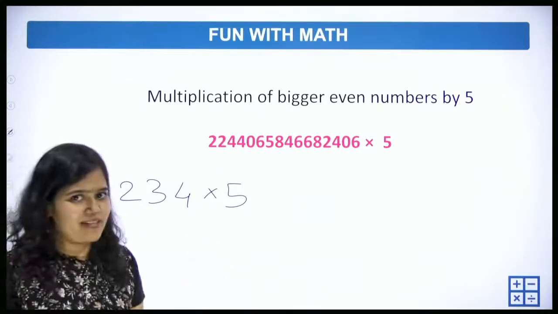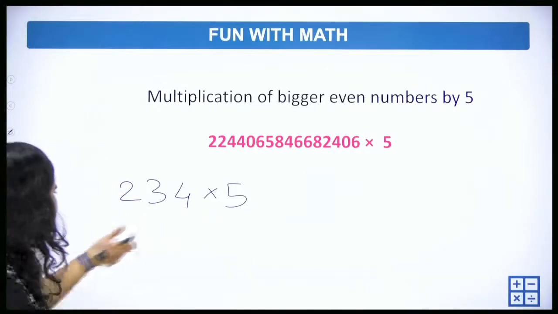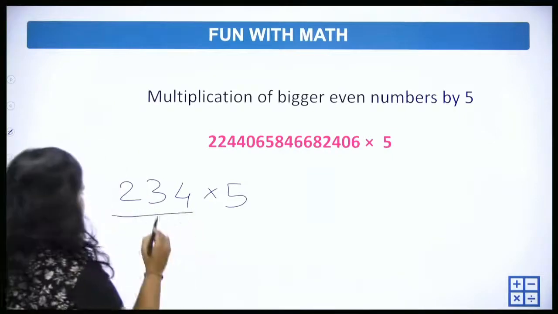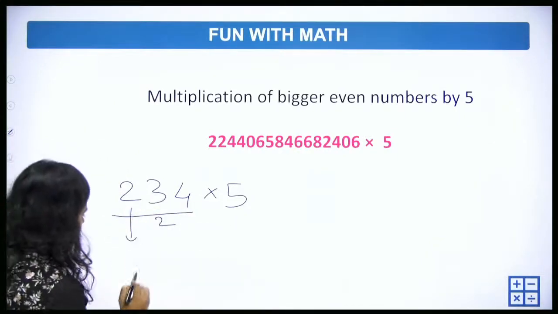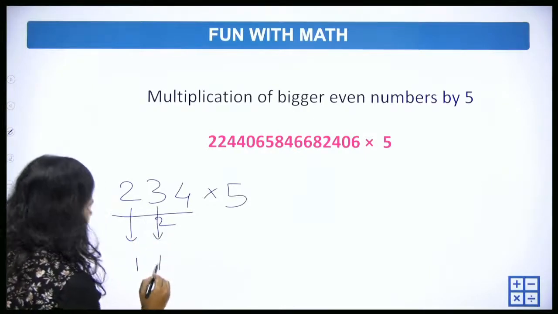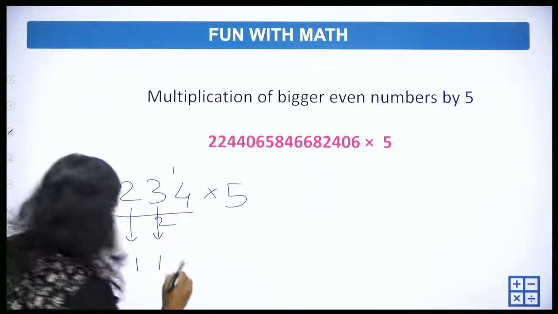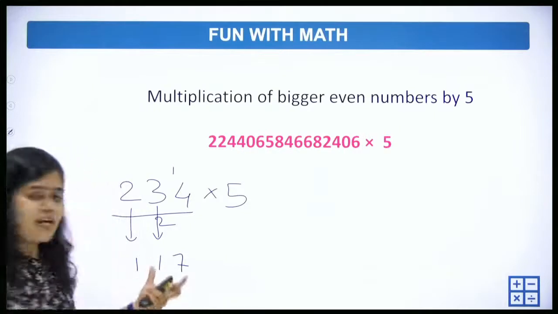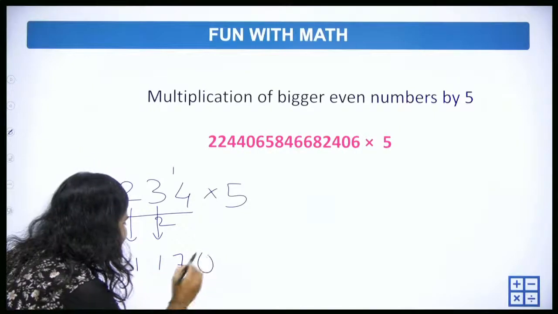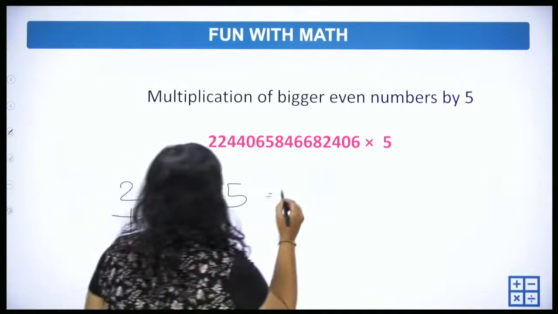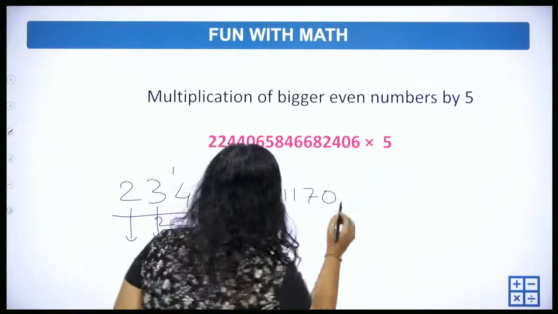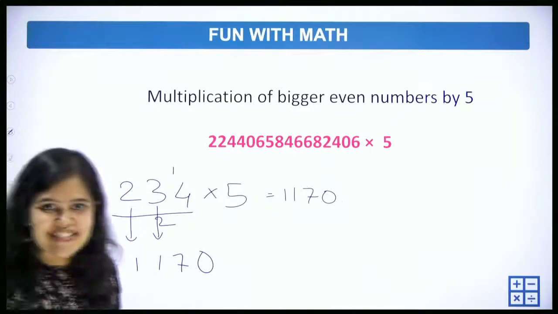This is an even number. First, let's find the division by 2 here. So 234 by 2. So 2 becomes 1, 3, so it becomes 1. And 1 gone, 14. So this is 7. 117 and just put 0. So the answer is 1170. Right. Isn't it interesting?